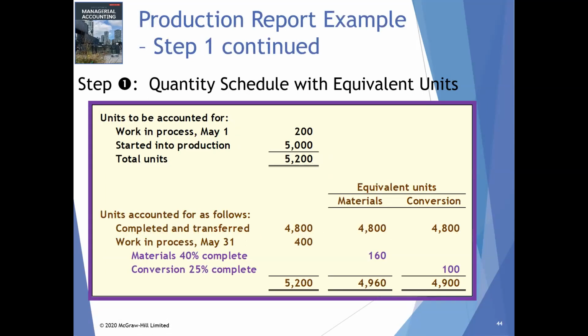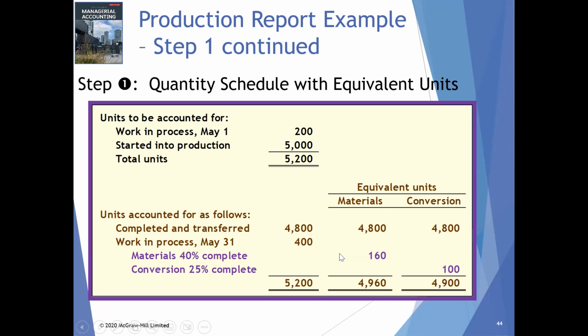Quantity schedule with equivalent units. In this case, we know that the closing stock is 400 units. Of the 400 units, material is 40% completed, right? And 25% of the conversion cost has been completed. It means 160 and 100 that we will add in the material and in the conversion as far as the work in progress is concerned.